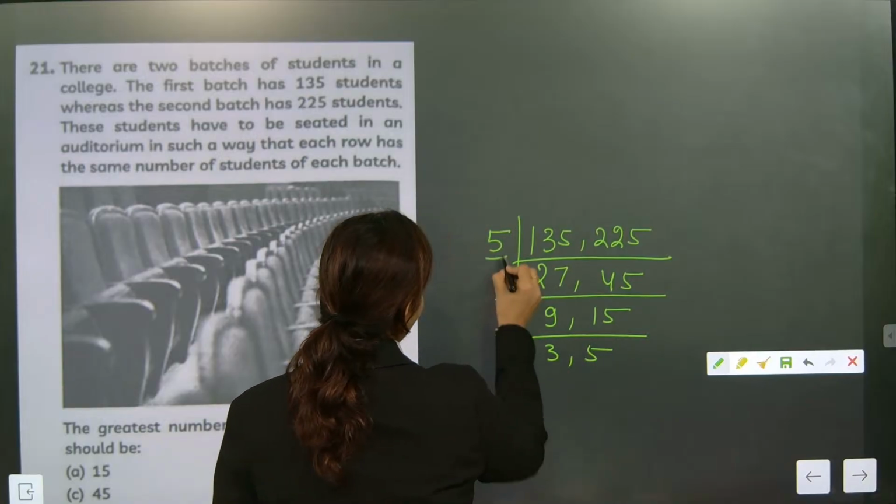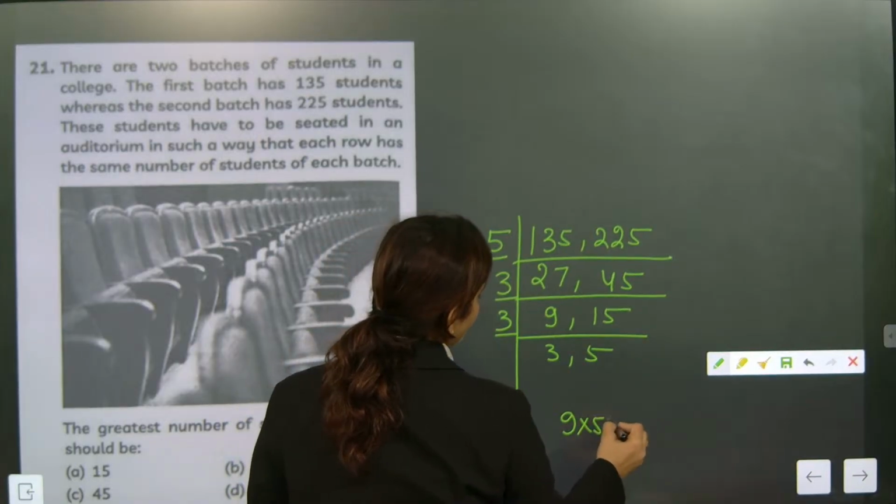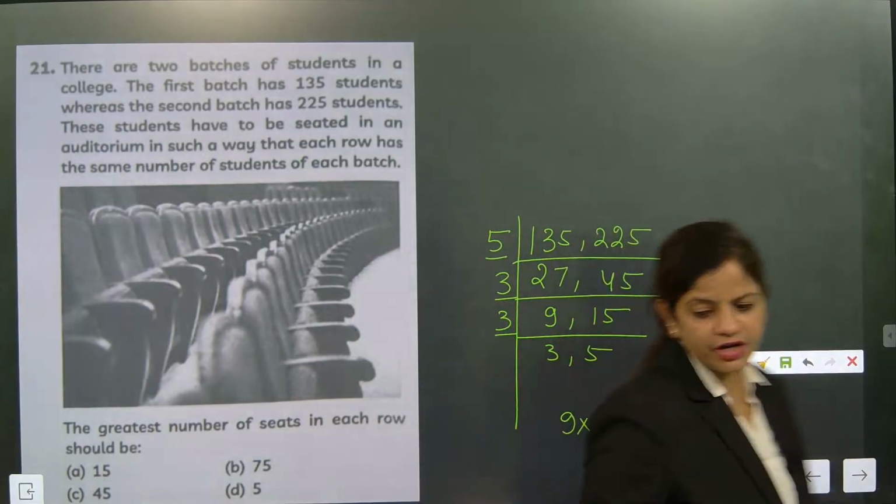So 9 into 5, 45. So each row will have 45 students.